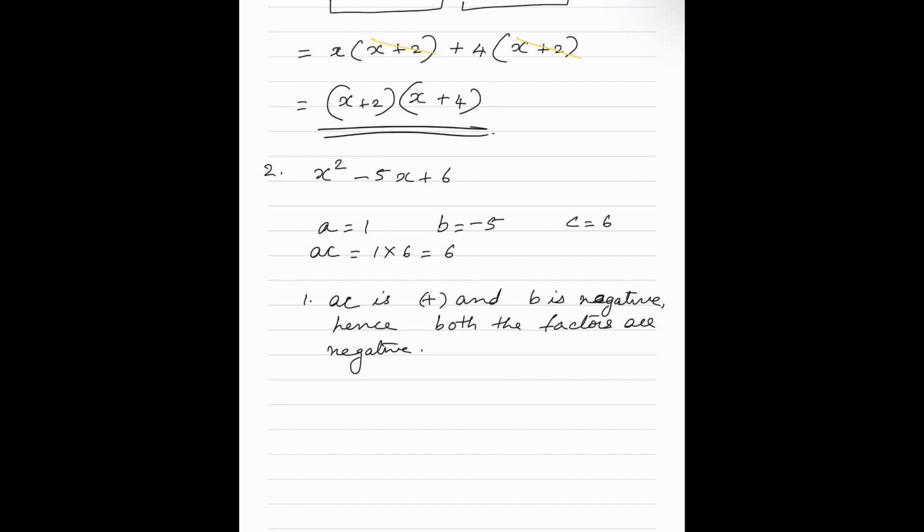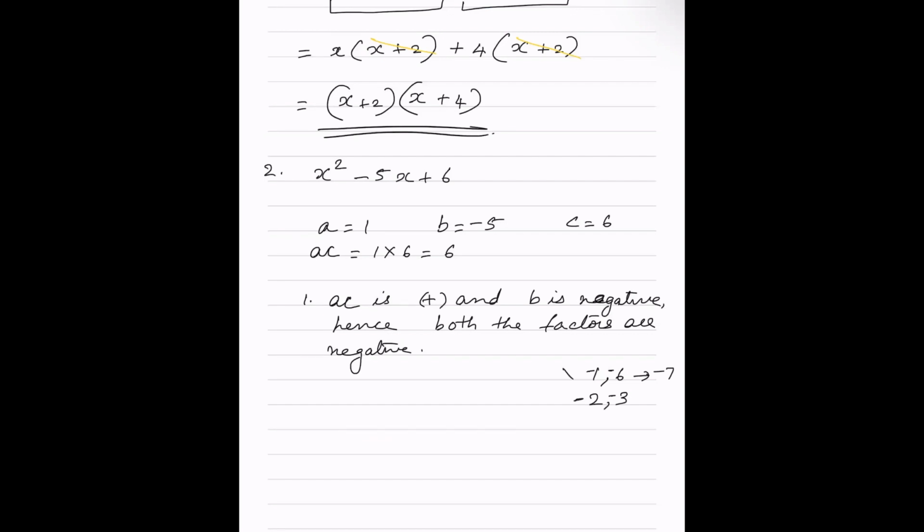Now 6, when you split, the factors can be 1 and 6, or it can be 2 and 3. I told you both of them have to be negative. So when you have negative 1, negative 6 and negative 2, negative 3, you add them. When you add negative 1 plus negative 6, you are getting negative 7. But your B is negative 5.